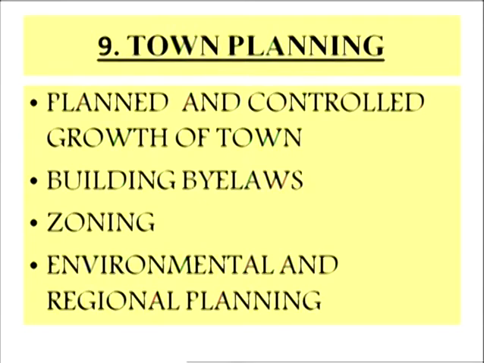When a civil engineer is planning a building, that building should be planned according to the bylaws prevailing in the town. By that, the construction activity and its growth are planned as well as restricted in a town, so that a dense population does not live on a small area.